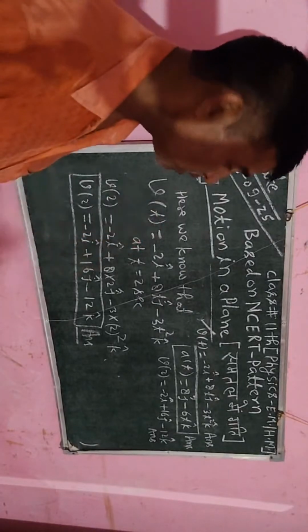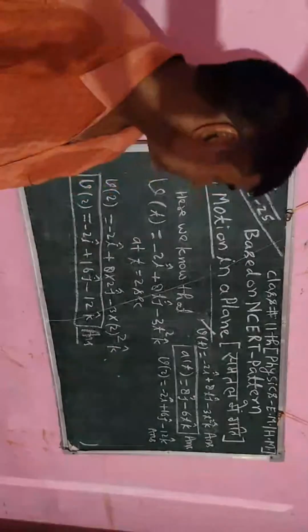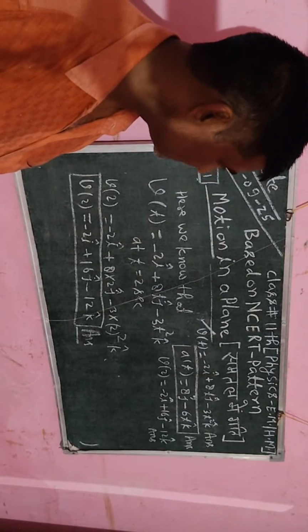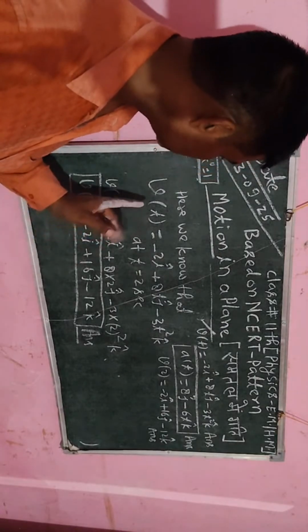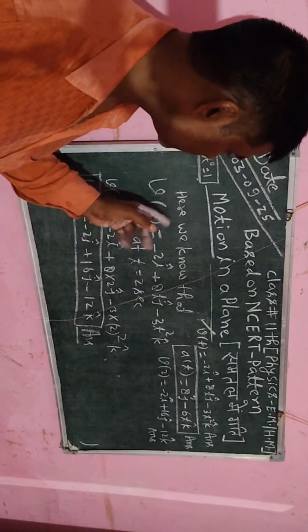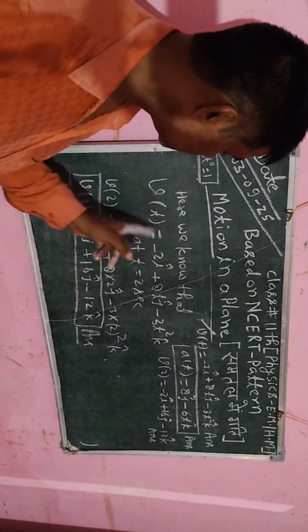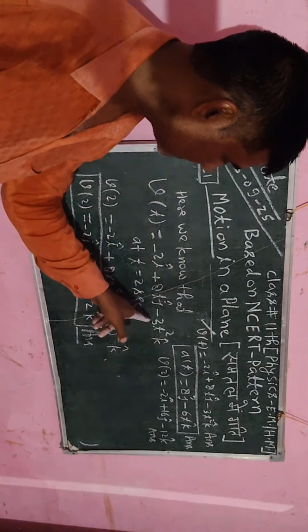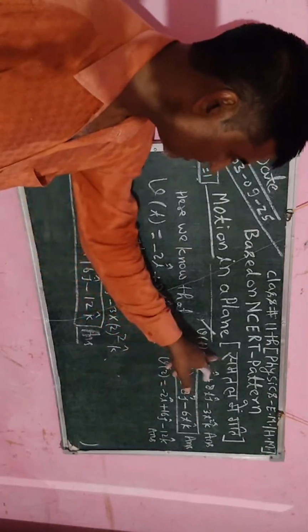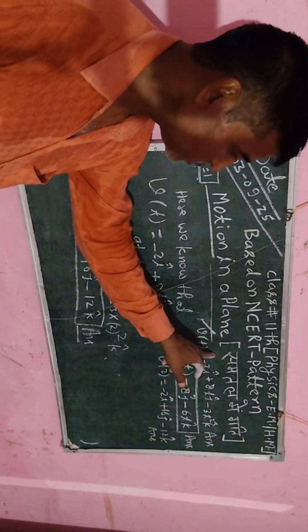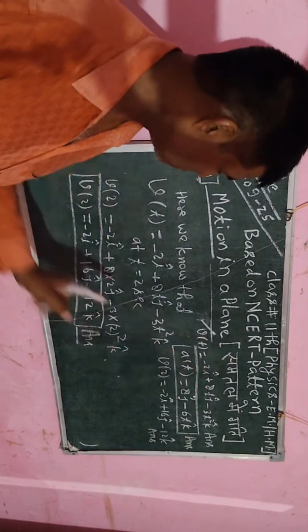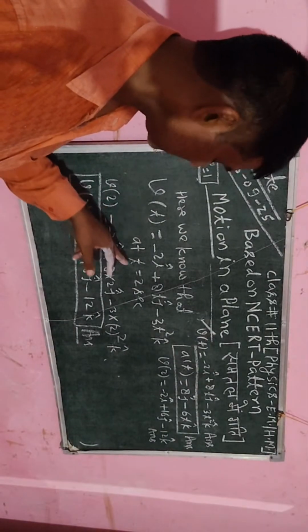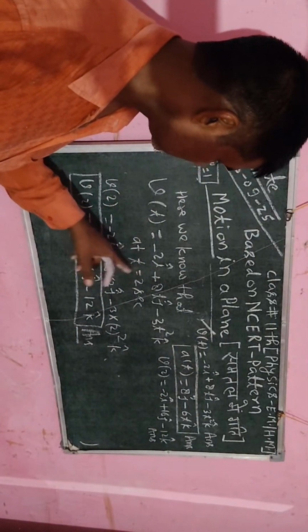Now all the information I will also explain so that students who are reading on Medium can also understand its solution and calculation. Here v of t is equal to minus 2 vector i cap plus 8t vector j cap minus 3t square vector k cap. Already I have said here, now we have to get the velocity vector at t equal to 2 seconds. So in the place of t I have to put t equal to 2 seconds.